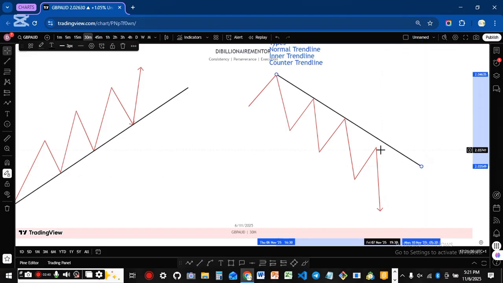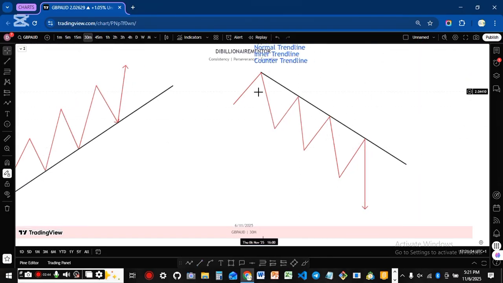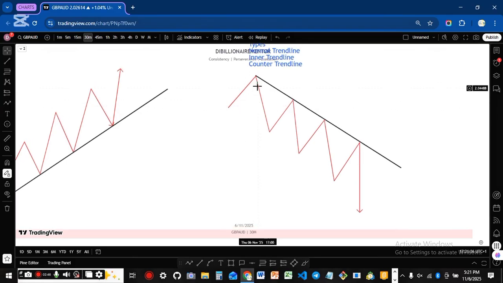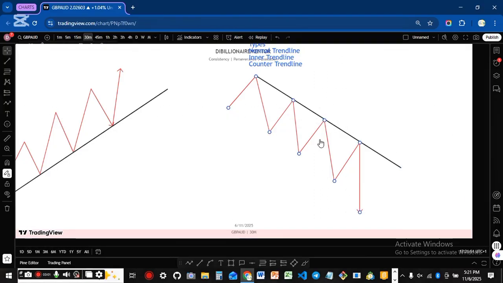So you want to see price respect the trendline. We have the first touch here, the second touch here, the third touch. We're expecting price to bounce off, provided you've accurately drawn your trendline. The third touch of the trendline is what we expect.